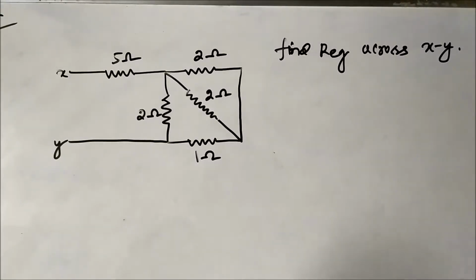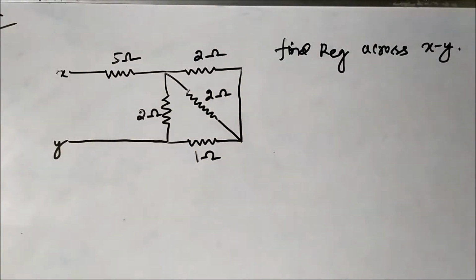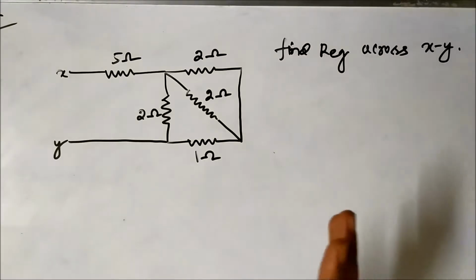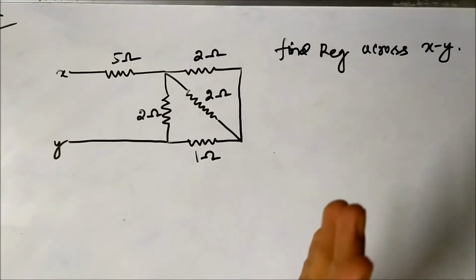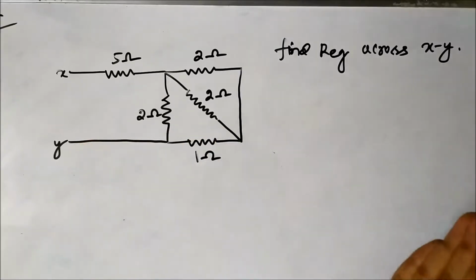So this is the second question that we have taken on the calculation or evaluation of equivalent resistance of a circuit. Here also, there is nothing much to separate and divide the circuit into, but in these type of circuits, what you can do is approach it from one side to the other.